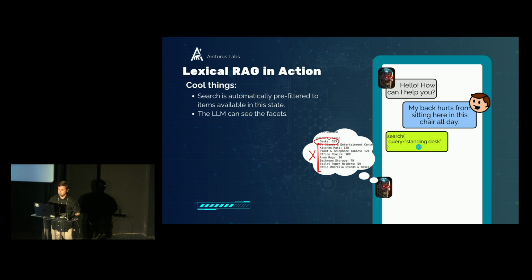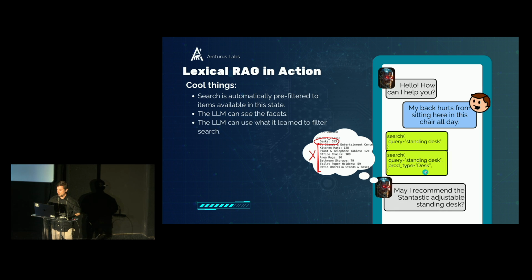This is a place where the model might look at the top 10 results and see it interleaves things that aren't all like desk. It can see office chairs, area rugs, some of these other hits might have made it into the top 10 list. So it can choose to add an extra parameter for the product type, desk, automatically filtering down.